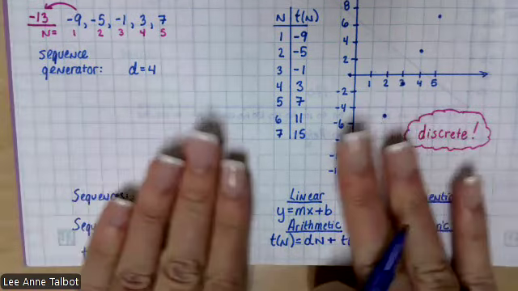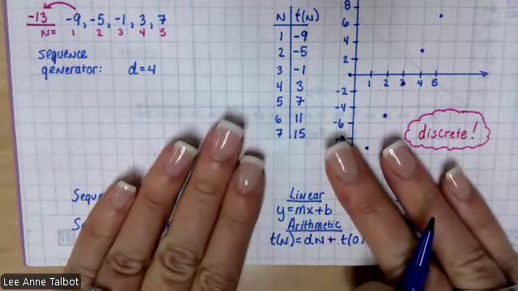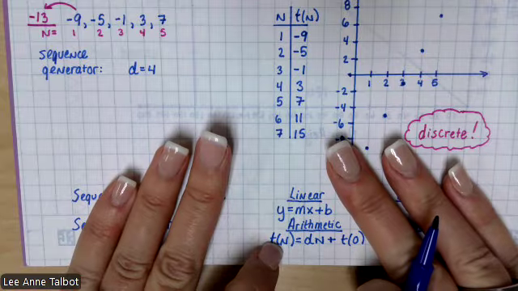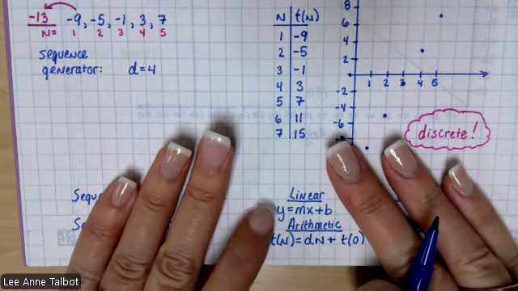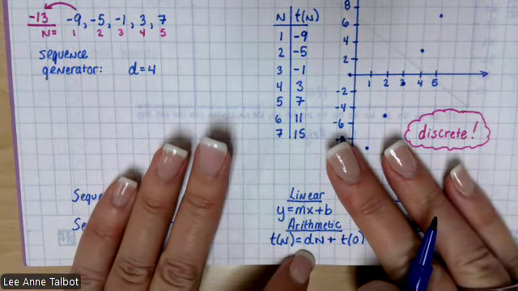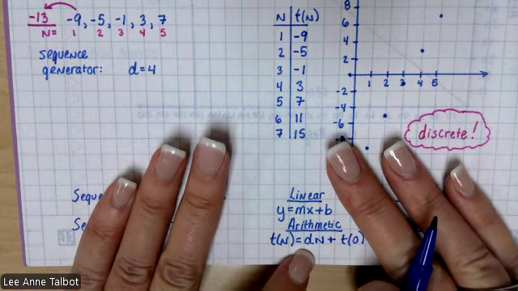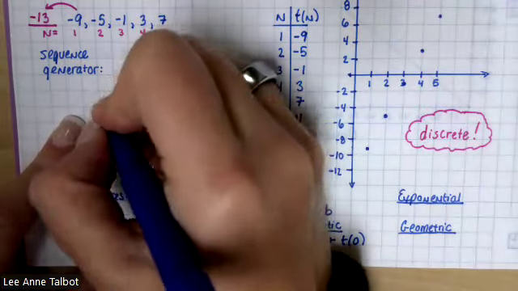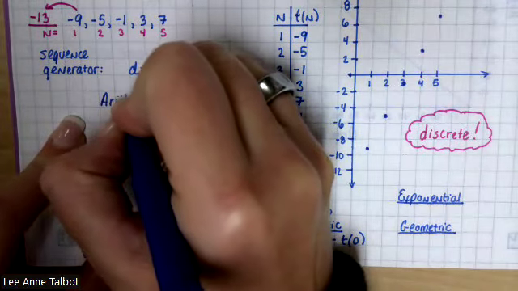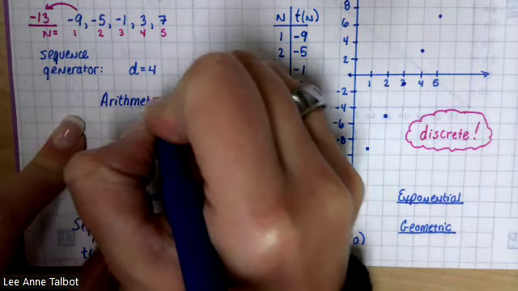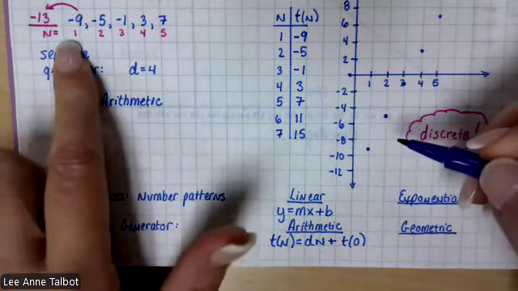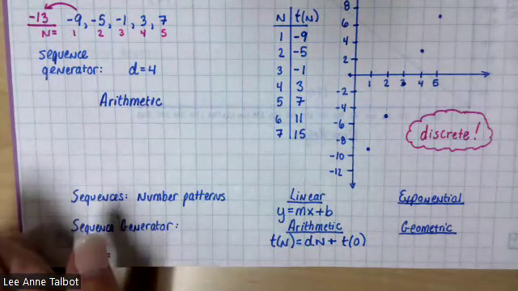I really want you to see that these two things are the same thing. This is just regular, fancy, regular, fancy. This is when there's a line. This is when there's dots that make a line shape. Okay, now we're going to go back to this and write. First, we're going to say this is arithmetic. Why is it arithmetic? Because my dots are making a line shape and it's going up by 4 each time.